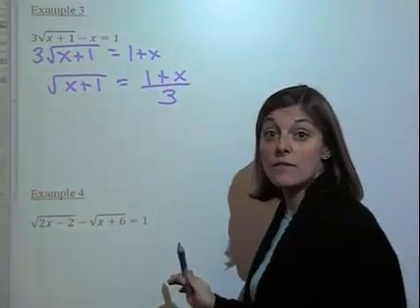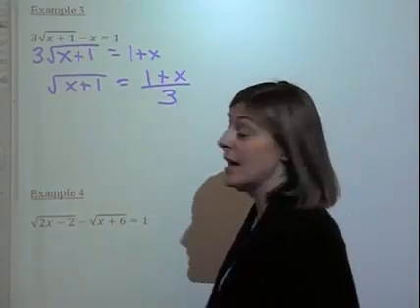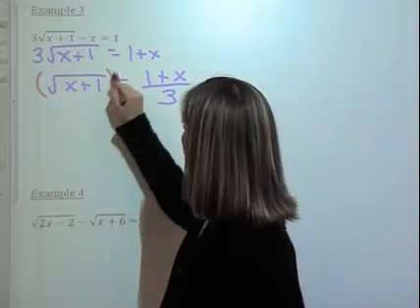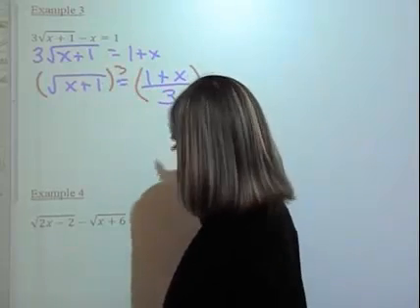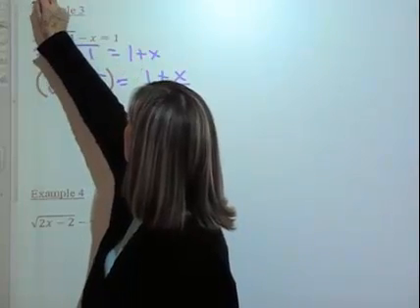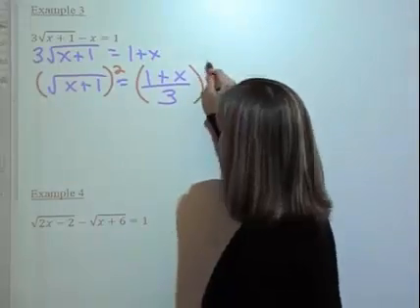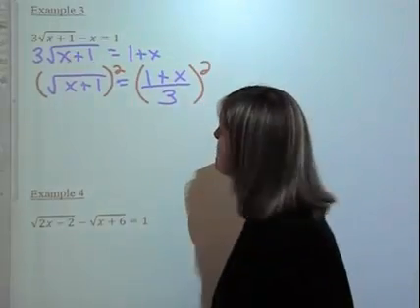Okay? So now we have the radical by itself. And now we're going to square both sides. I don't know why I just wrote cube. All right, so we're squaring both sides.